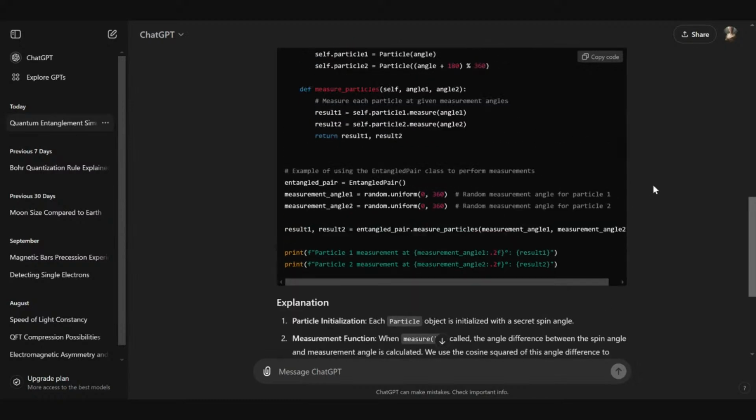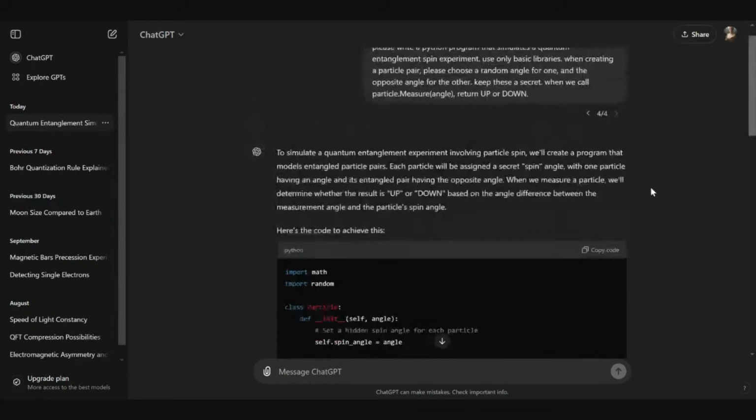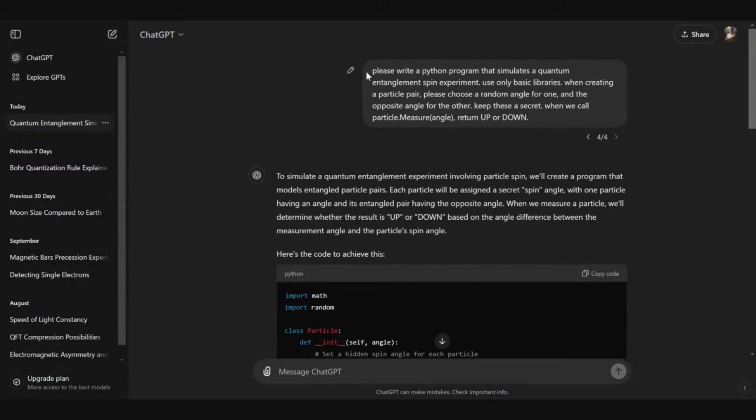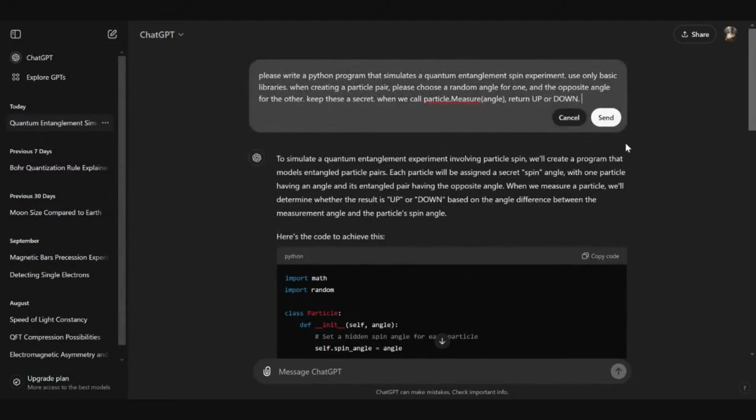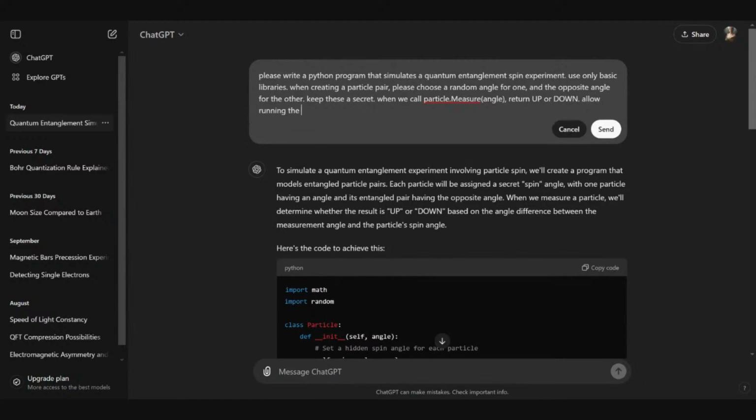And do the plot. Run the test many times and do the plot. Allow running the test 10,000 times. Show the plot.